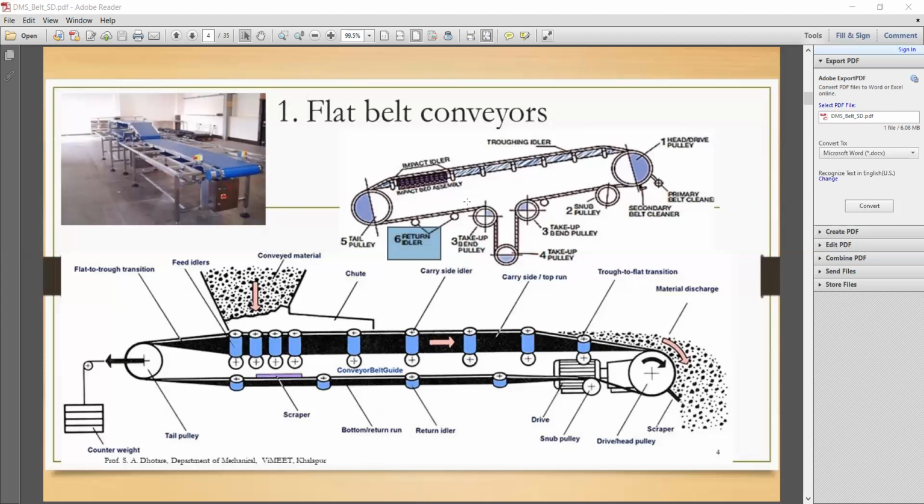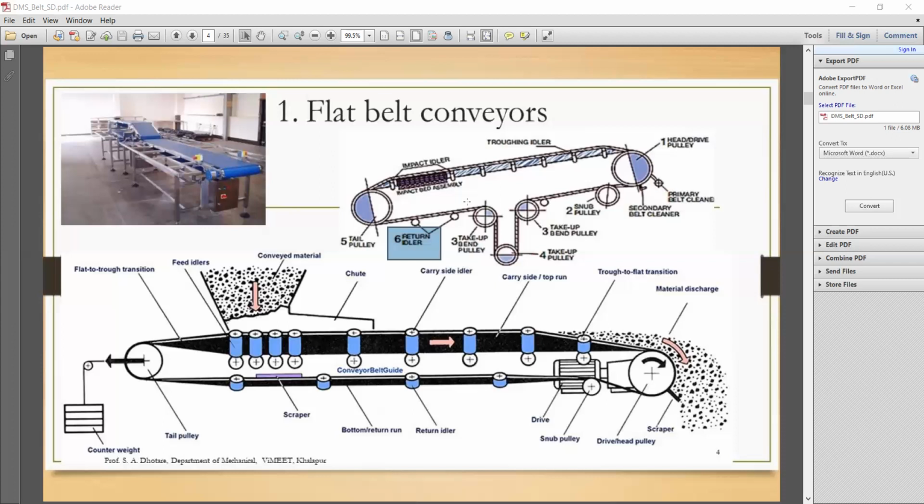These flat belt conveyors have some limitations. Flat belt conveyors display high stretchability under load, because of continuous use, so the belt stretches. That's why the selection of the belt is very important, one which is not too stretchable.